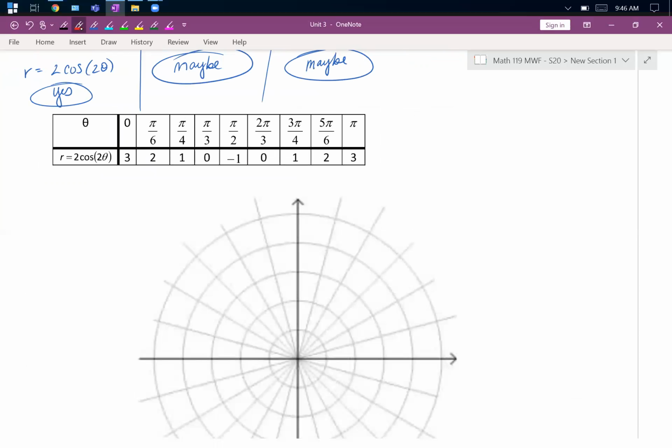So let's plot them. 0, 3, pi over 6, 2, pi over 4, 1, pi over 3, 0. Pi over 2, we end up with a negative r value, so let's make sure that we're going in the opposite direction.